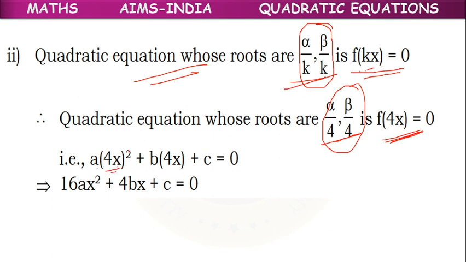So a into 4x square, b into 4x, plus c equal to 0. So a into 16, 16a x square, plus 4b x, plus c equal to 0. So during transformations, with the formulas we have learnt, we can directly write the equations.